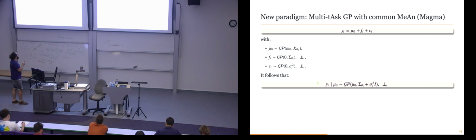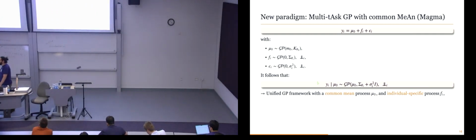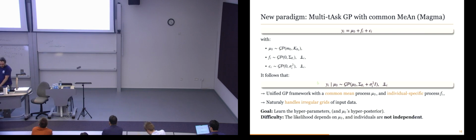They have a specific correlation structure for their own variations, and they have a common mean. Cool. We have a unified framework which is fully GP, and it models what we are trying to incorporate as information. Cool thing, as I told you, is it really naturally handles irregular grids of information. You don't really care where your observed data points are because you are working with functions.